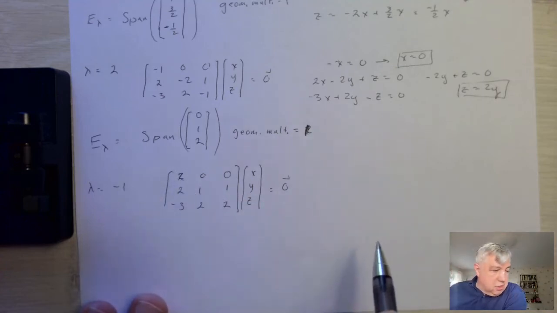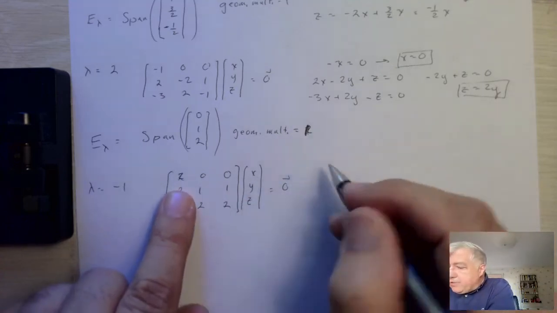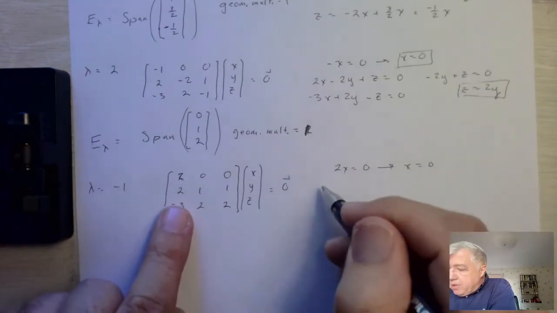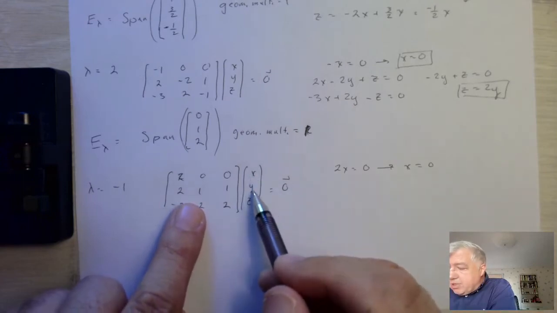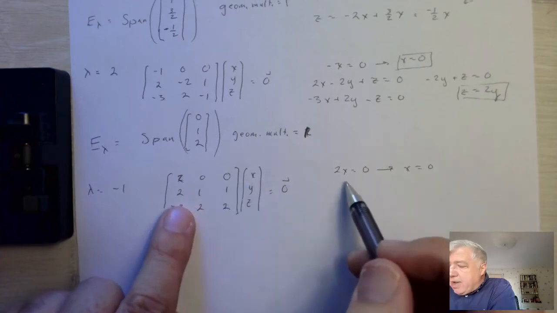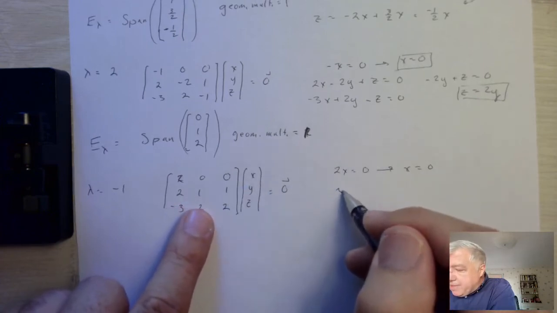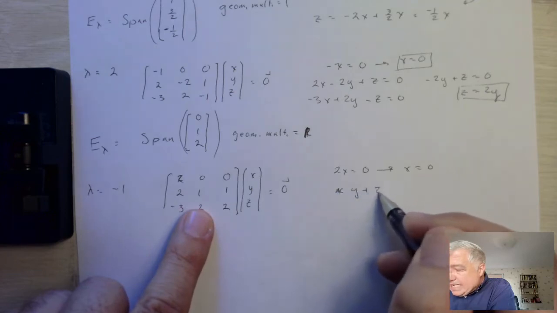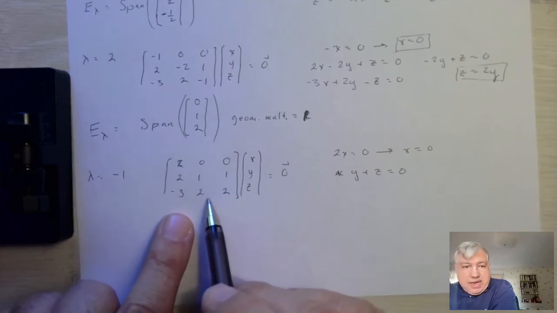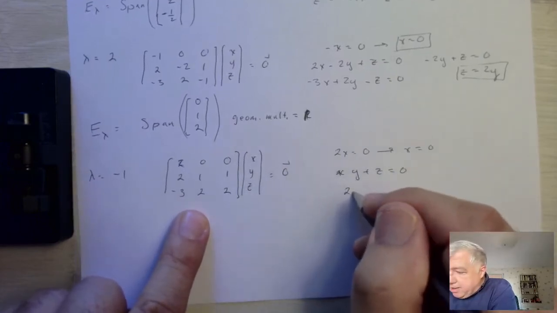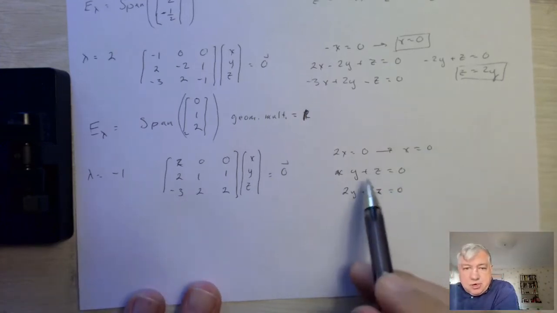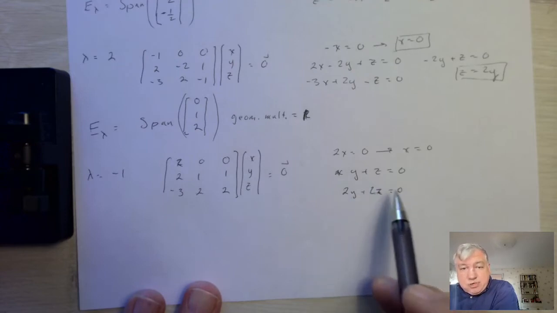So once again we can see that 2x equals 0, which means x equals 0 from the first row. Then we get 2x plus y plus z equals 0. 2x is already 0, so we get y plus z equals 0. And same thing down here, we get negative 3x, that's just 0, plus 2y plus 2z equals 0. These equations are multiples of each other, so this last one doesn't add anything.